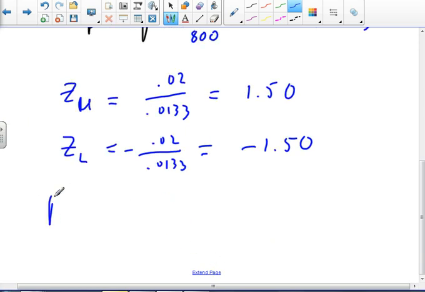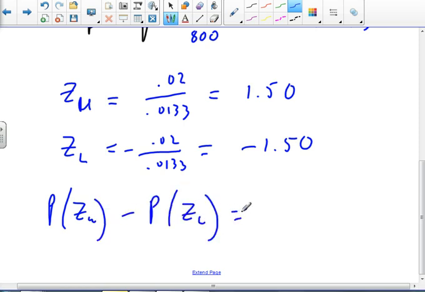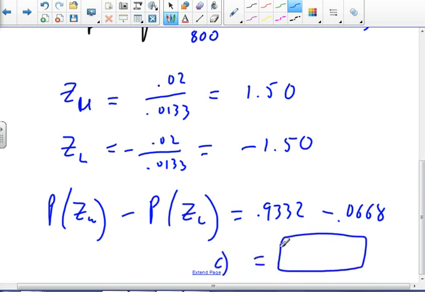So we want to find the probability of upper z minus the probability of lower z. 1.50 gives 0.9332 minus 0.0668. So my B answer is going to be 0.8664.